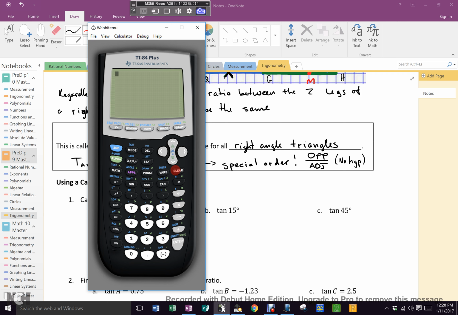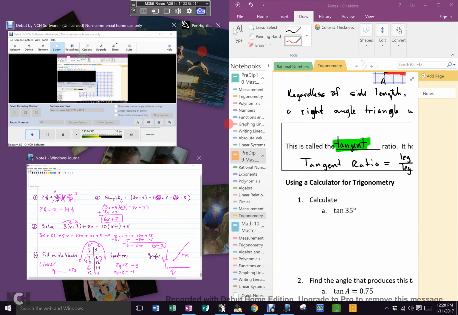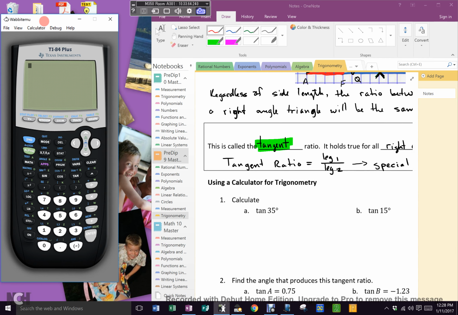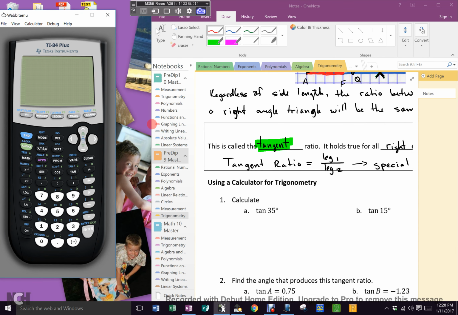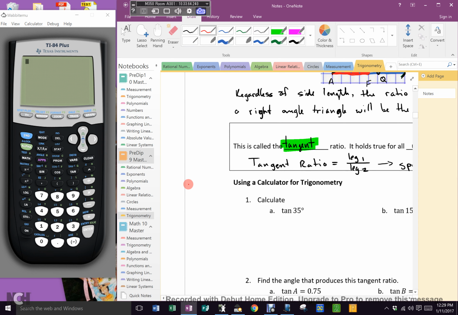Somewhere on your calculator screen, you need to see either the word DEG or the letter D. Is it visible on all of your calculators? Do you have it? Bring your calculator to me.